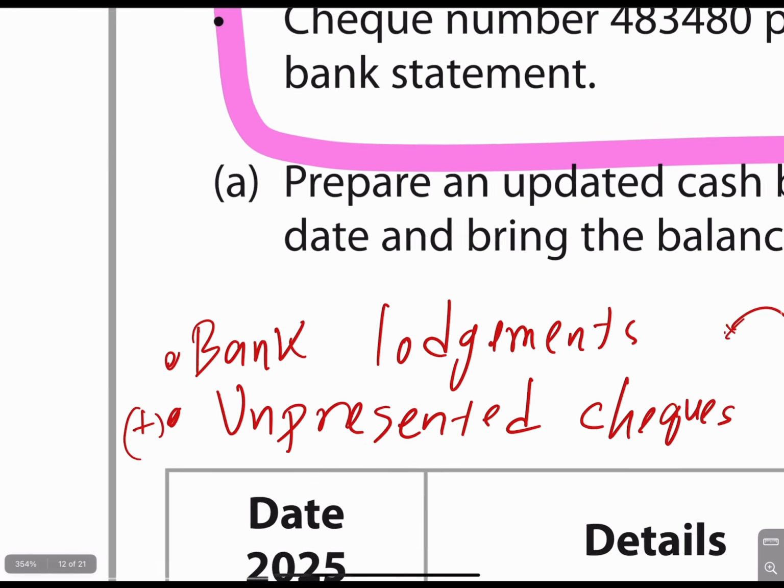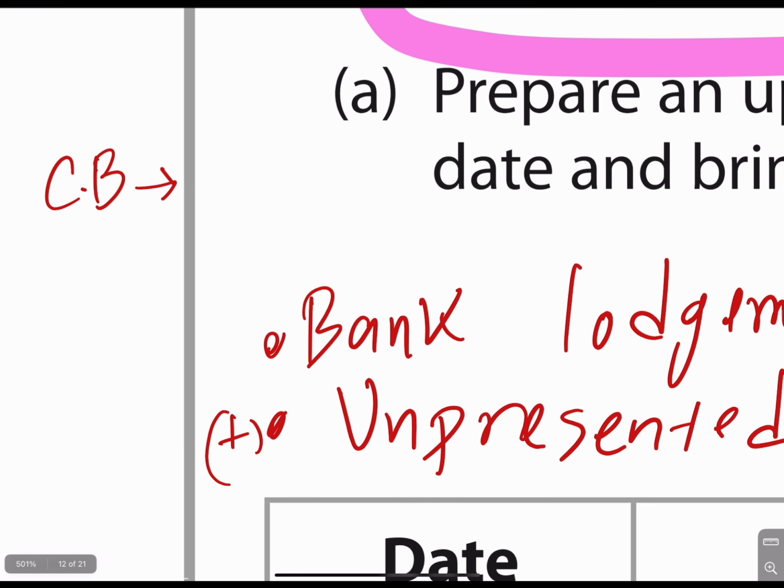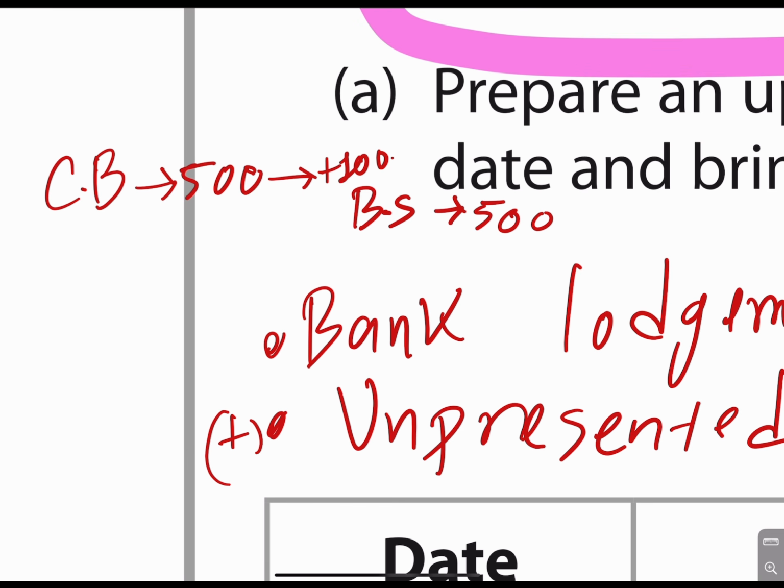What about bank lodgement? Bank lodgement is, for example, the cash book was 500, the bank statement was also 500, and now you have received money from your customer. So plus 100, you have 600 in your cash book, but you haven't presented that check to the bank. That's the time lag.